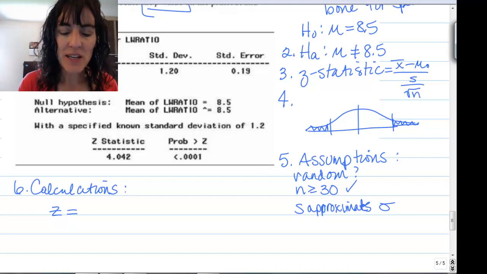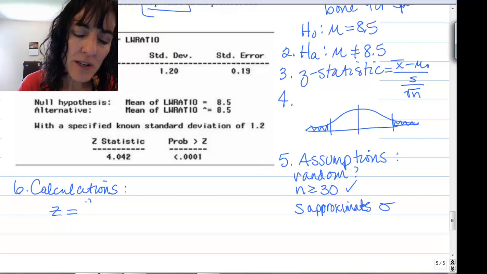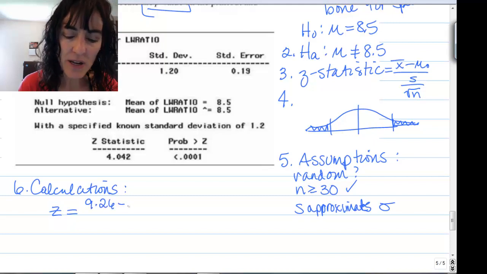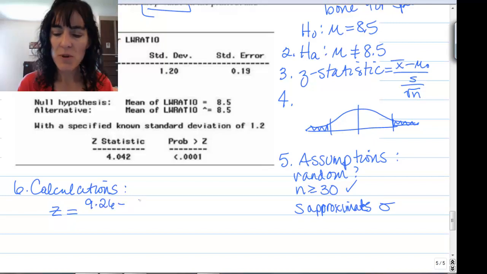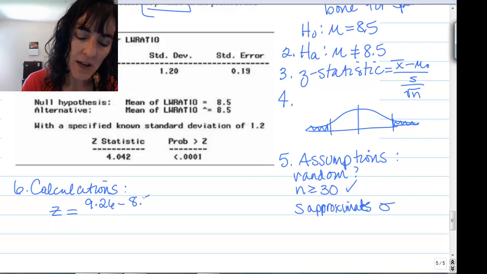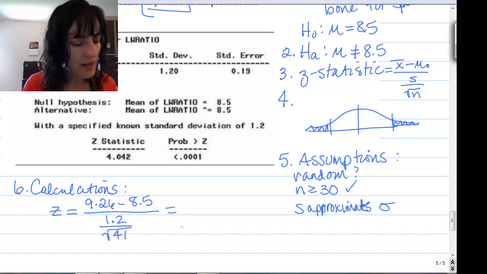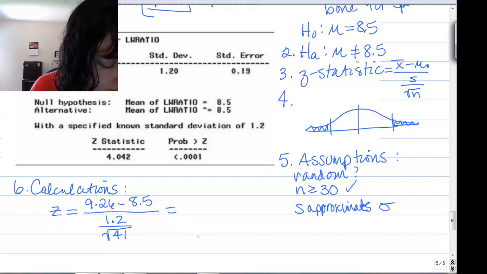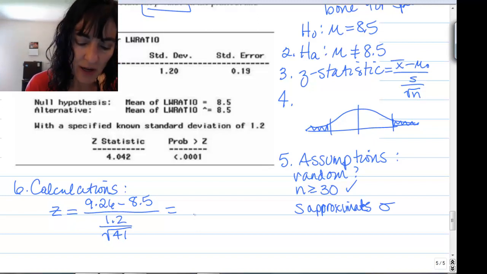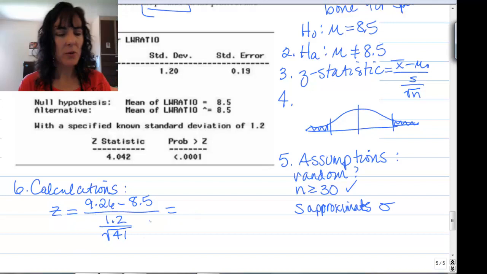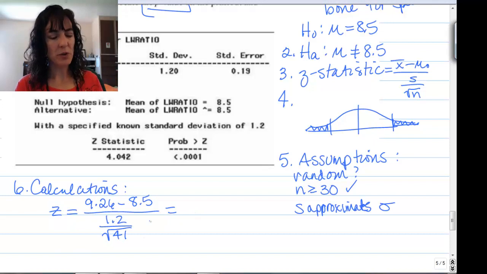And so then my z equals, the x bar is 9.26 minus my mu naught, 8.5, over s, which is 1.2 divided by the square root of 41. And when I calculate that on my calculator, I actually got, let me try it one more time because it didn't match what the printout gave.